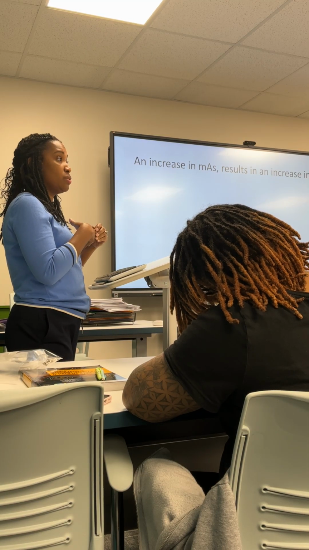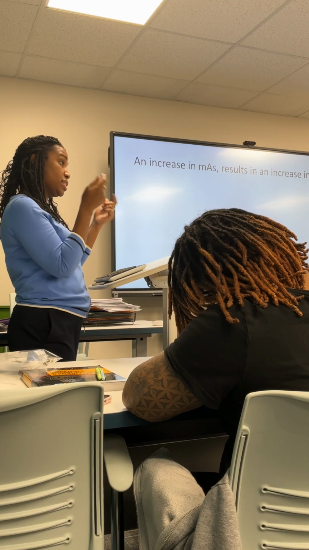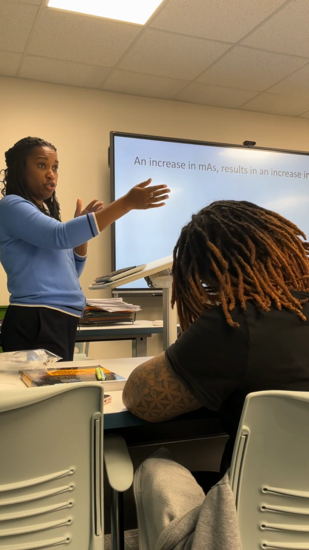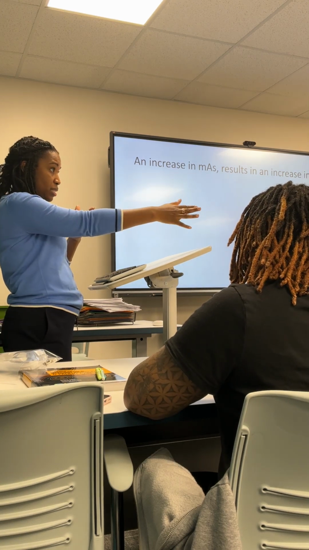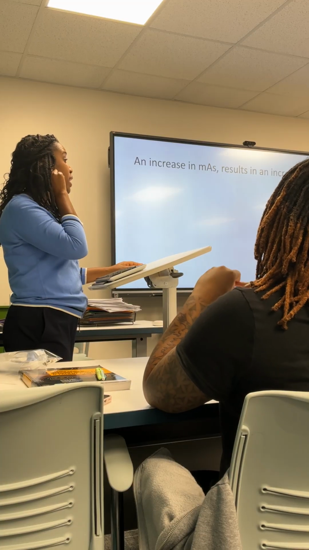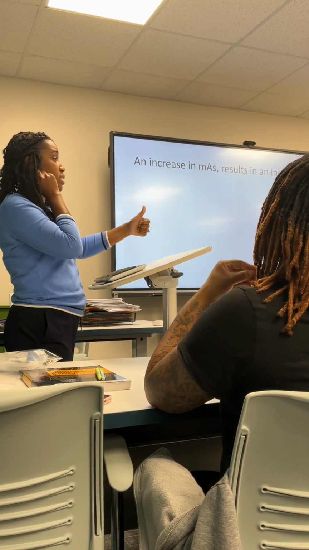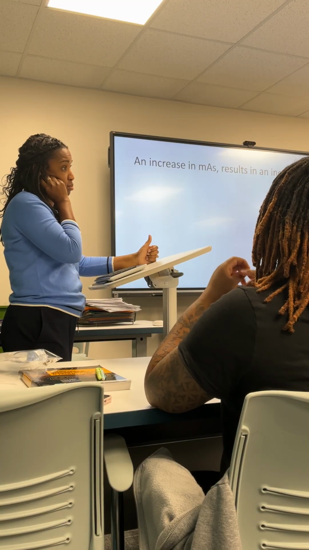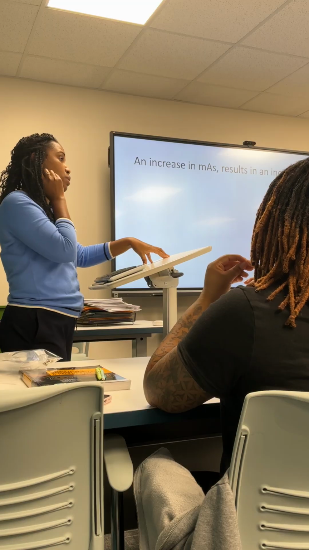To reduce patient dose. Because when you have high KVP, that's energy, so that's more penetrability, y'all agree? That's getting through the patient, not just stopping and absorbing. An increase in MAs actually increases patient dose. It helps us with our image, but it increases patient dose.